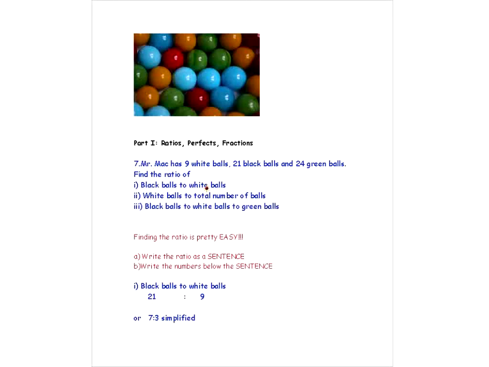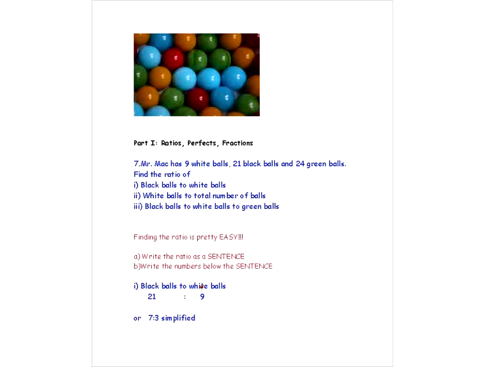Okay, so guys, finding ratios is pretty easy really with this kind of question, because all you need to do is first write the ratio as a sentence, and then you write the numbers below the sentence. Now the good thing is in this question we already have the ratio in a phrase, black balls to white balls. So we just copy that over.